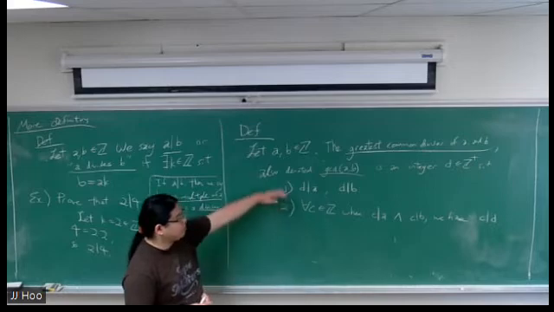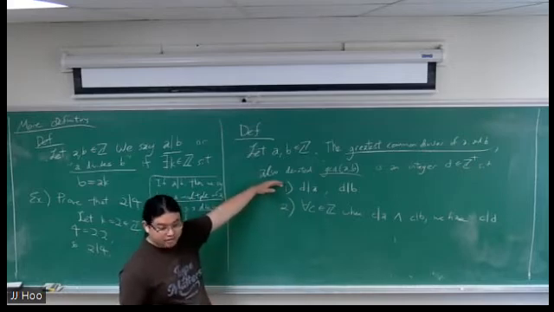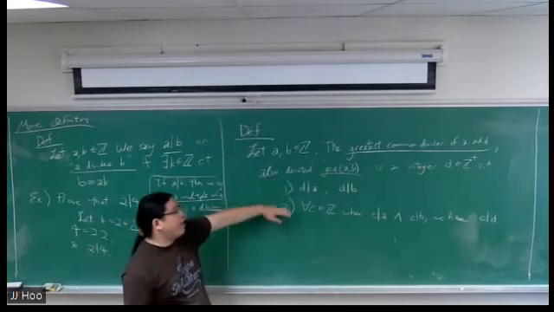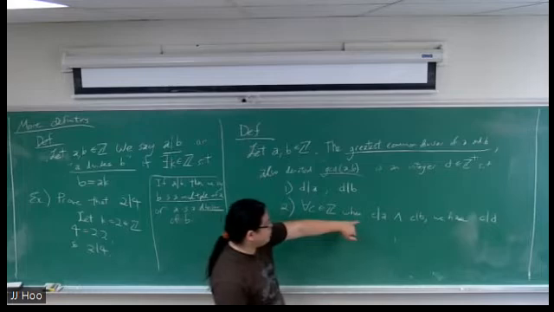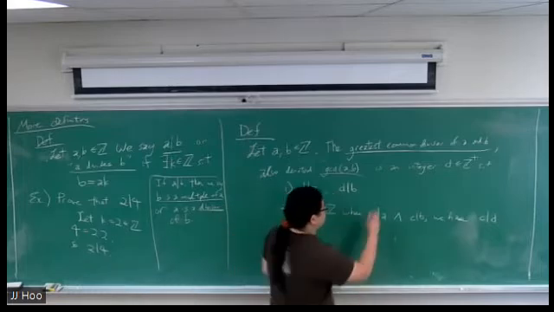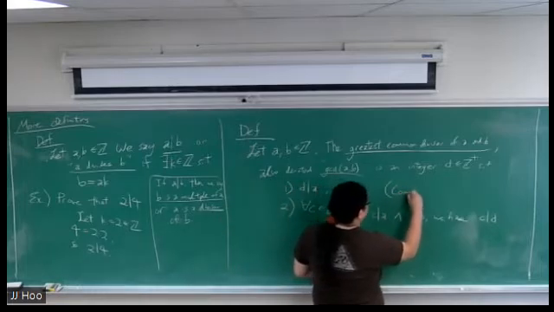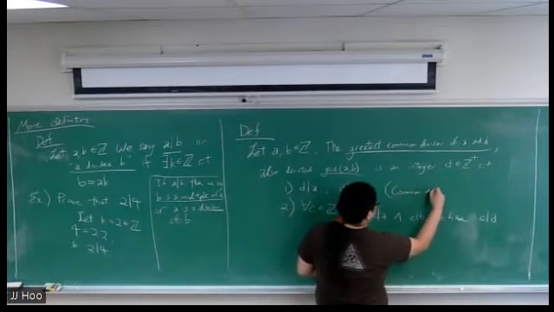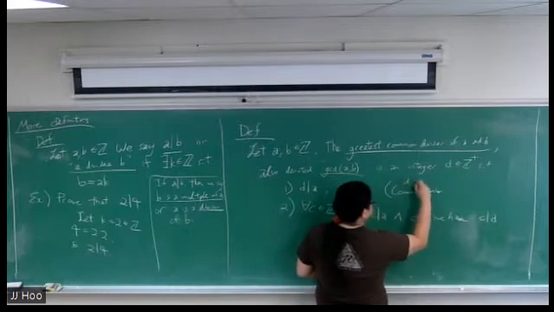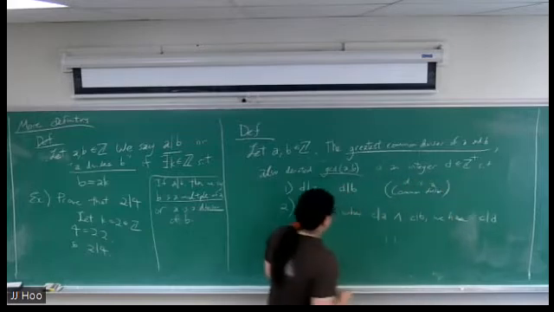I want the divisor to be a common divisor, and then for any other common divisor, this is the definition for what it means to be a common divisor. So this is that D is a common divisor.